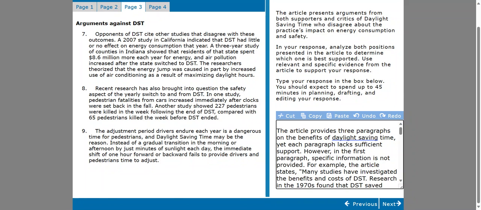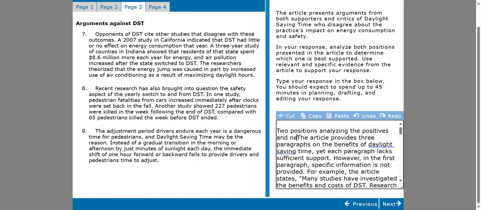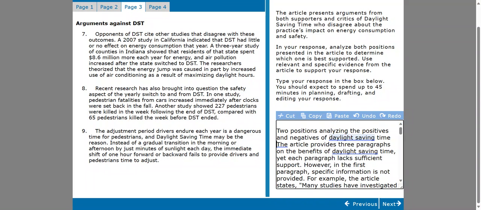And so in this case, I might say something like, two positions are presented analyzing the positives and negatives of daylight saving time.